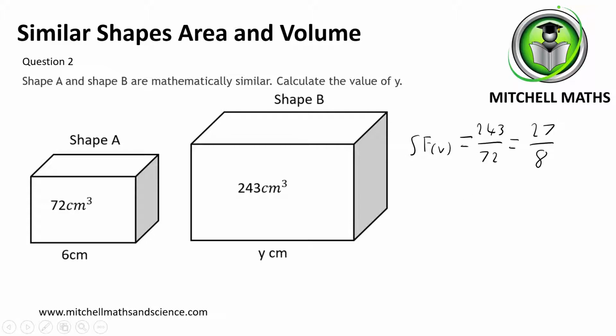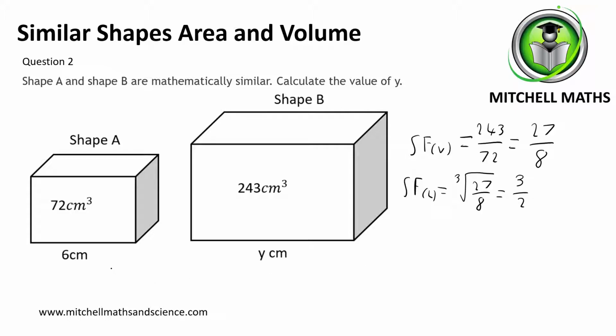Now I know that I need to cube the scale factor of the length to get to the scale factor of the volume. So if I'm going the other way, I'm going to need to do the opposite, which will be cube rooting. So to get the scale factor of the length, I'm going to cube root 27 over 8, which will give me 3 over 2.